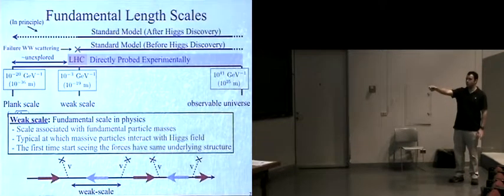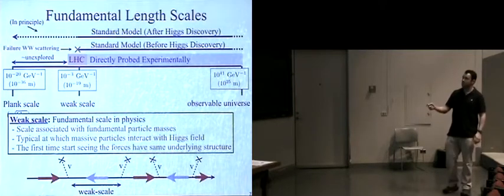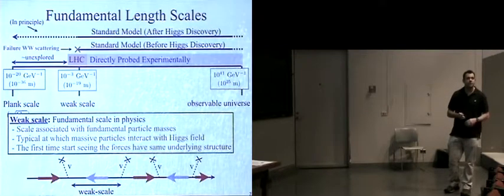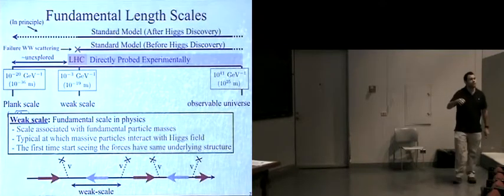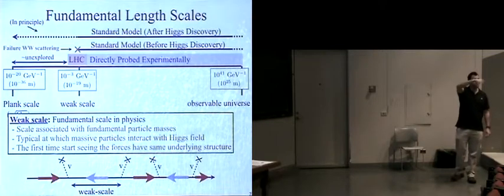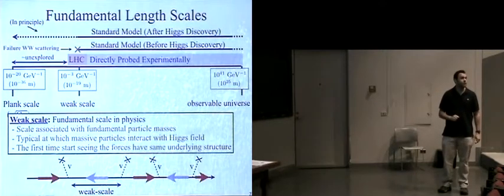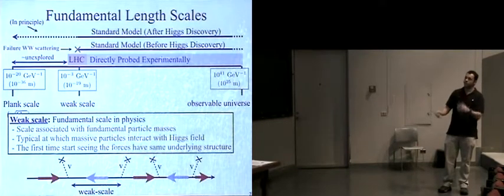That was the whole point of this Higgs condensate. And this weak scale is the scale that says how often this happens. So it dictates the time or the distance between these interactions. And so it's an input to the theory, and technically it's also associated with the shape of the Higgs potential. It has this funny double minimum shape, and one of the parameters is directly this weak scale.